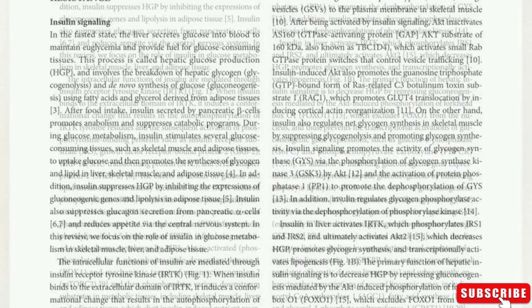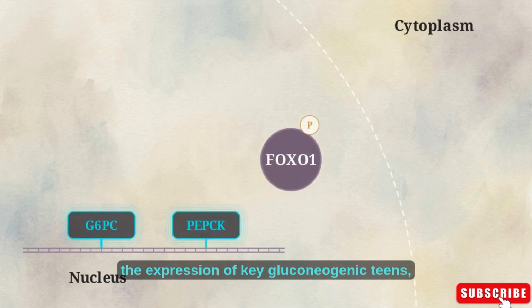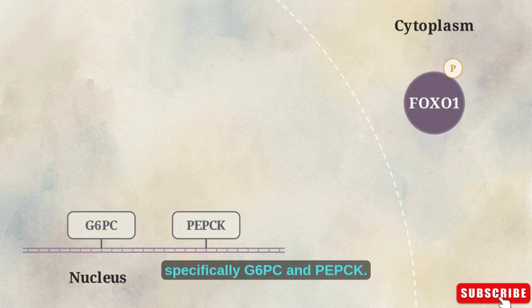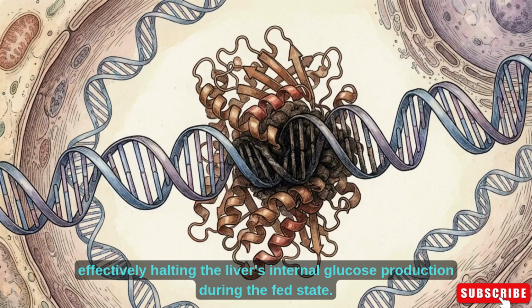Removing FOXO1 from the nucleus represses the expression of key gluconeogenic genes, specifically G6PC and PEPCK. This mechanism serves as a molecular off switch, effectively halting the liver's internal glucose production during the fed state.